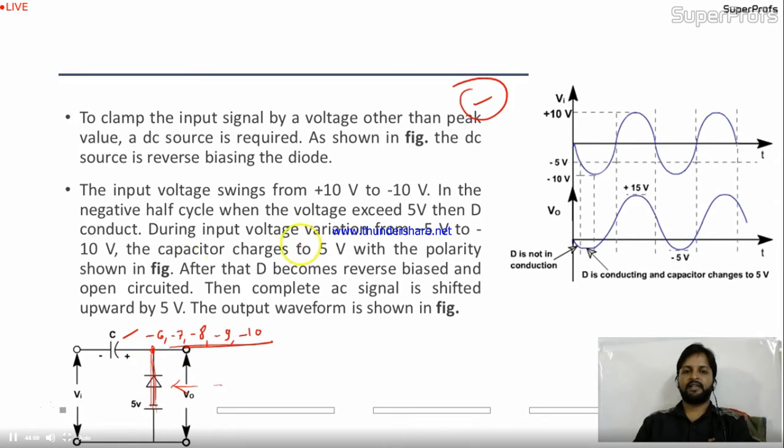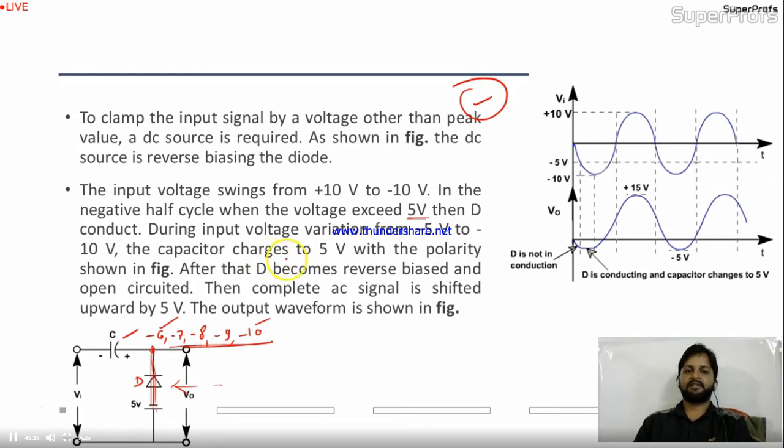So what they are saying is, in the negative half cycle, when the voltage exceeds 5 volt, meaning minus 6, minus 7, the diode D will conduct, and during the input voltage variation from minus 5 to minus 10, the diode will be in conduction.